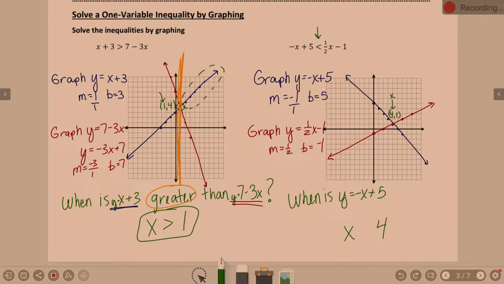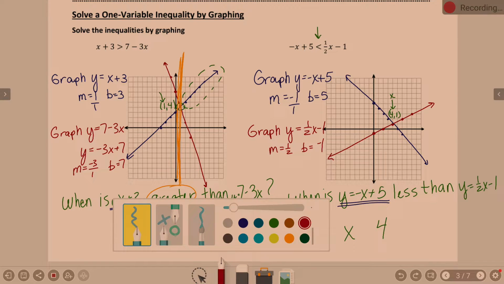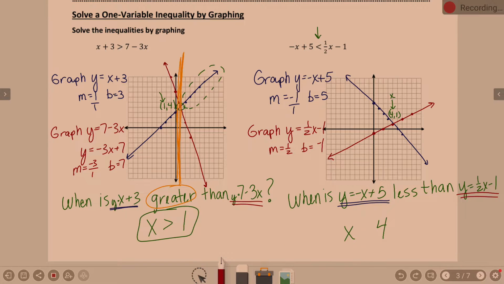Okay. So when is negative x plus 5, what sign do I have? I have less than y equals 1/2 x minus 1. So if I talk color coding red and blue, I want to know when is my blue less than my red.